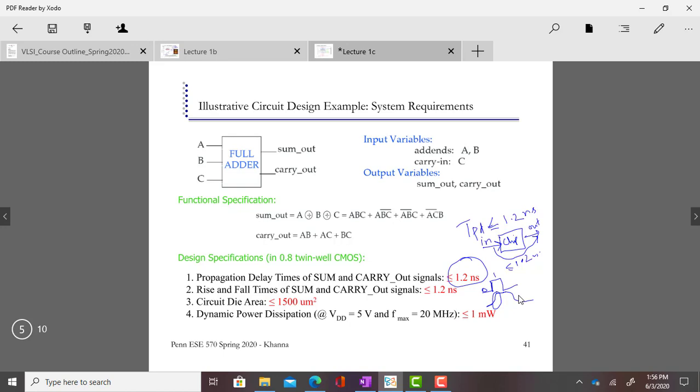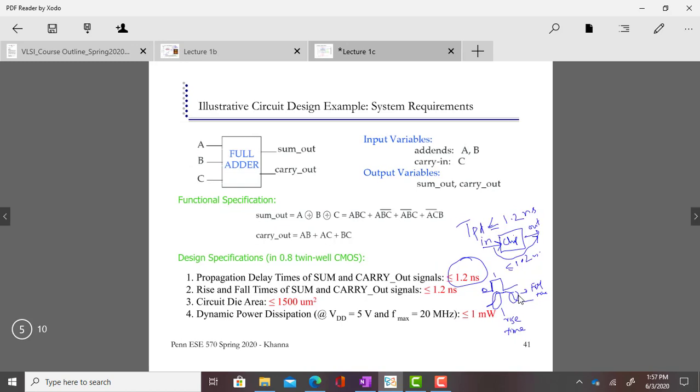This is called the rise time, and this is called the fall time. So the user wants that the signal should rise in less than 1.2 nanoseconds from 0 to 1, and it should fall in less than 1.2 nanoseconds from 1 to 0.